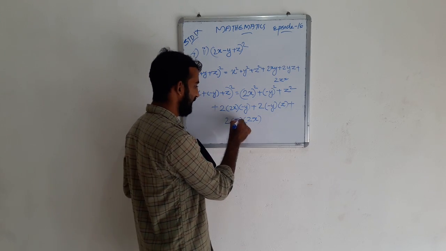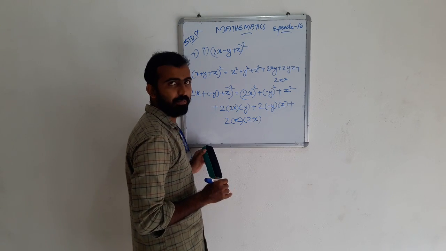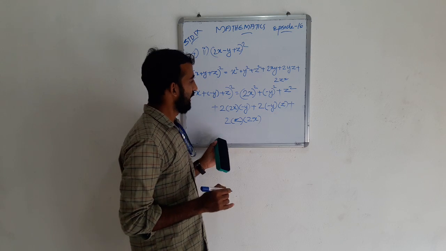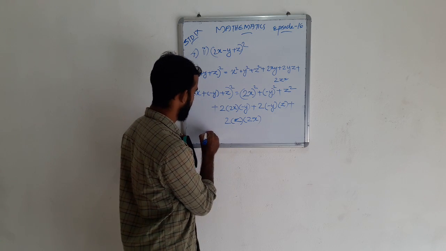This is z, this is 2x. Okay, no confusion? Okay, that is what we get.